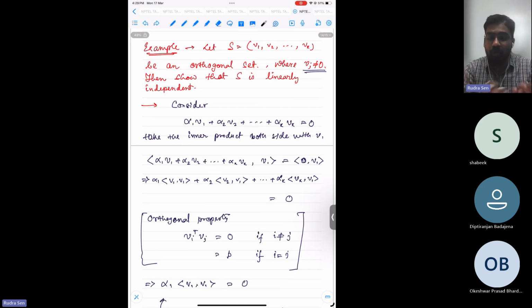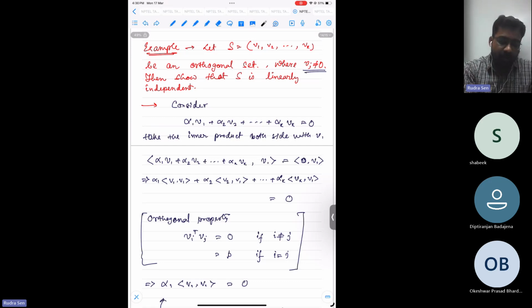If any of the alpha i's is a non-zero number, then this solution says that the set of vectors is not linearly independent. Linear independence says that all the alpha i should be 0.